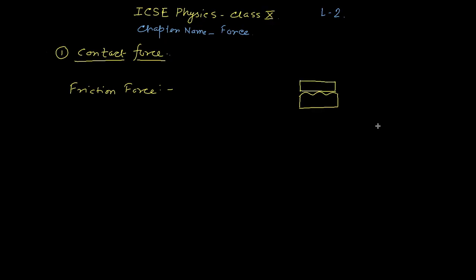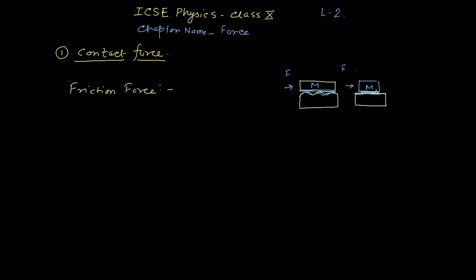If the surface is regular and you keep a mass m over here, and if you apply some force on it, the mass can move or tends to move. The surface where the mass is situated and the surface of the mass which are in contact have a relative motion.